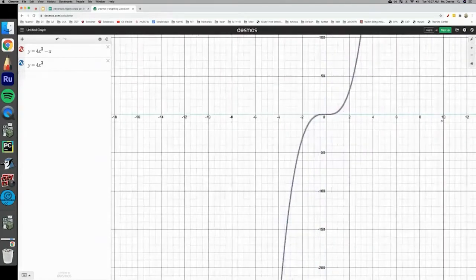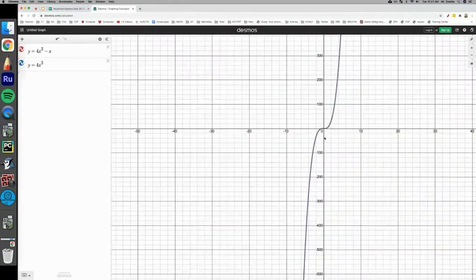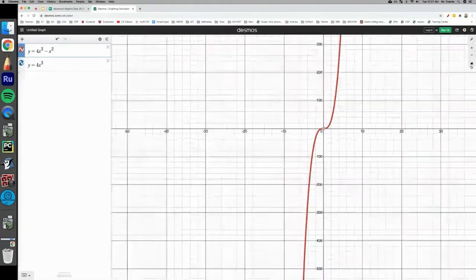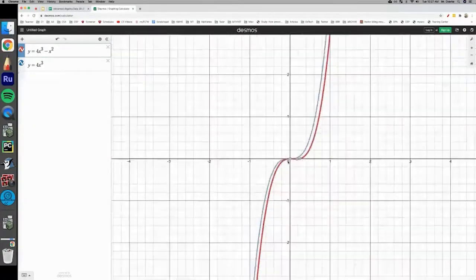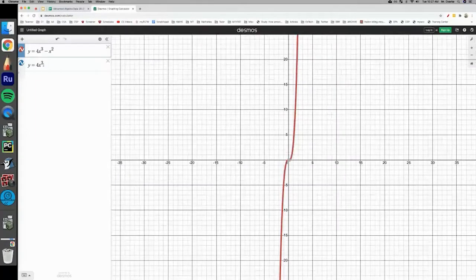It's only when you zoom in that it's not. So for really huge numbers, they're basically the same. That's why the degree is so important. It doesn't matter if you, let's see, if you make this a squared, if you zoom in, it definitely looks different. But again, as soon as you zoom out, they just start becoming the same. That's why that power is important.